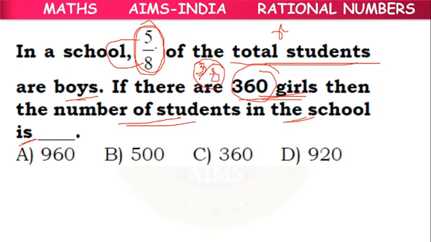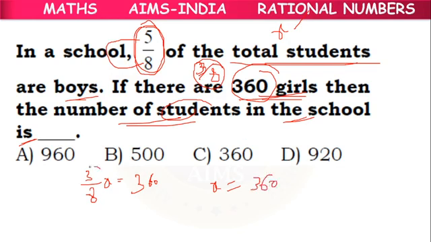So 5 by 8 of x are boys, 3 by 8 of x are girls. We have the girls value, so let's take the girls value first. 3 by 8 x equal to 360. We have to find the value of x. How to find the x value?